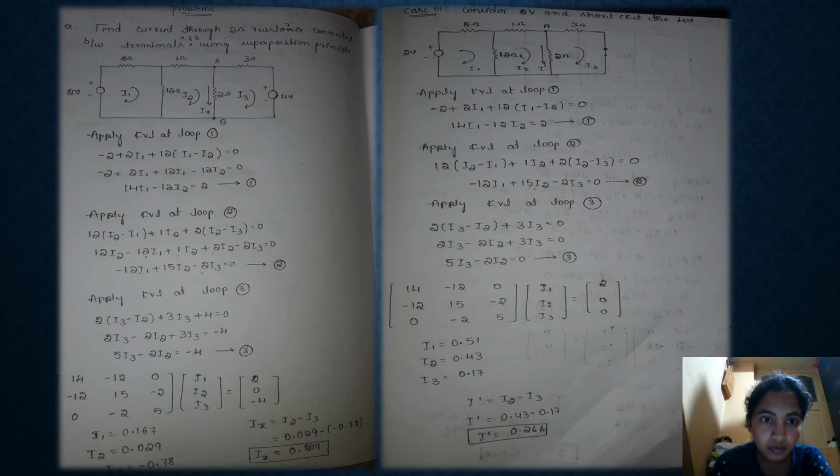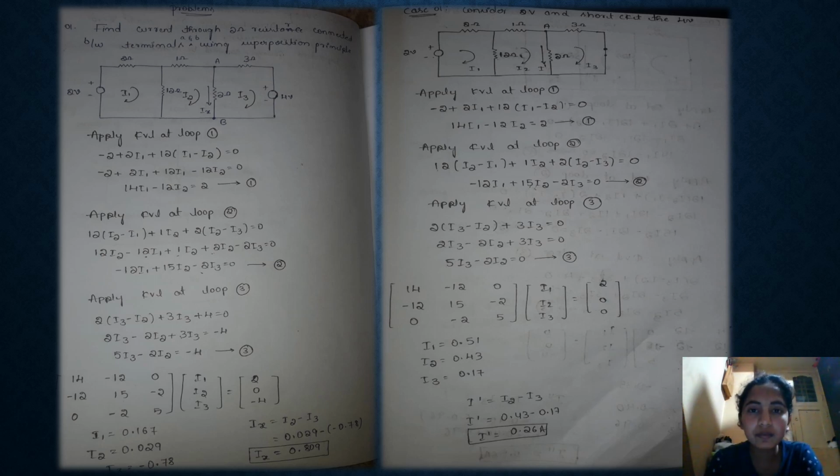The 2 ohm is here. So I2 minus I3, because this 2 ohm resistor carries both I2 and I3. The value of I2 is 0.029 minus I3, which is minus 0.78, so Ix will be 0.809.